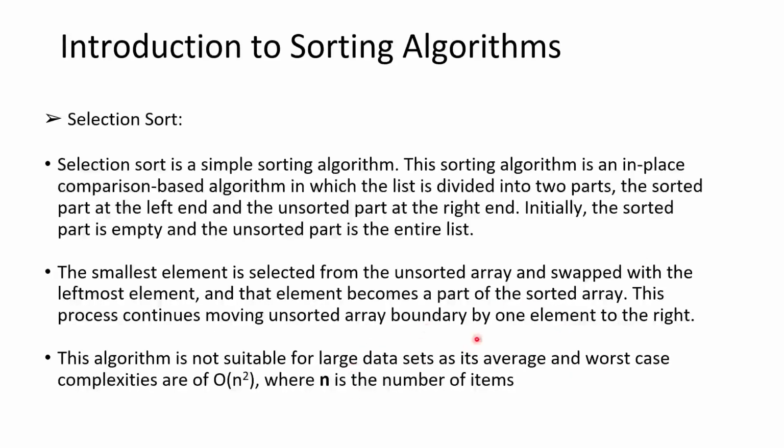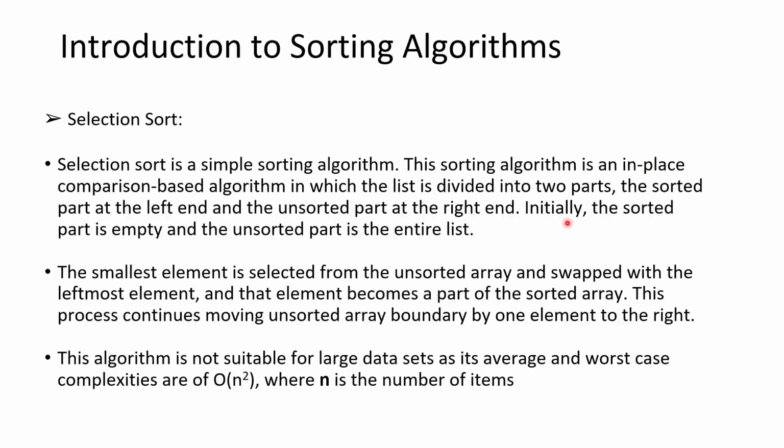The smallest element is selected from the unsorted part and swapped into the leftmost position, and the element becomes a part of the sorted array. This process continues, moving the unsorted array boundary by one element to the right. This algorithm is not very efficient.